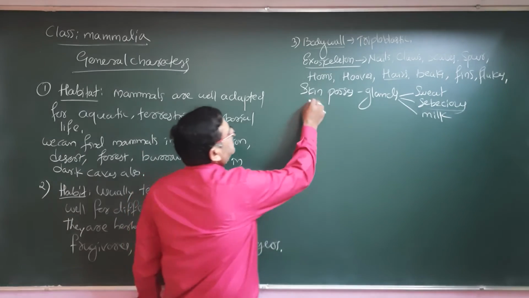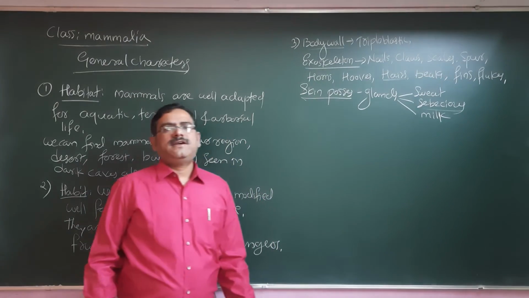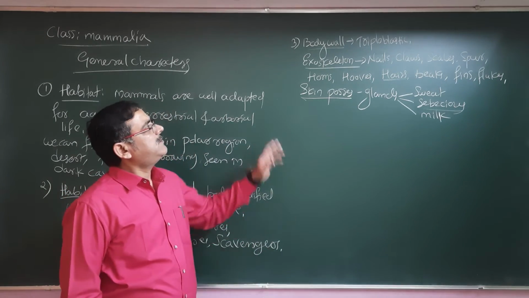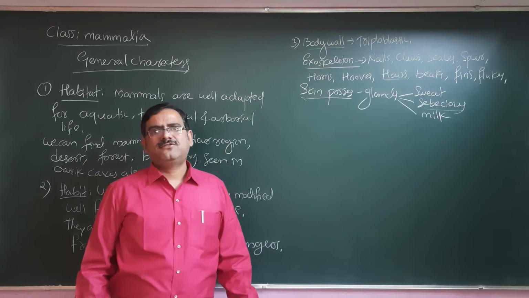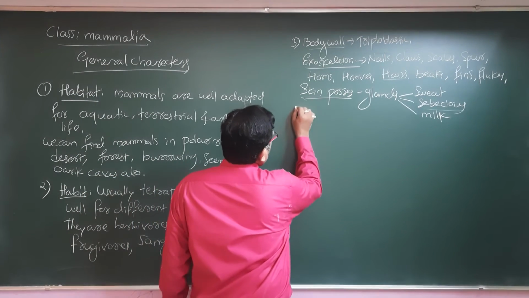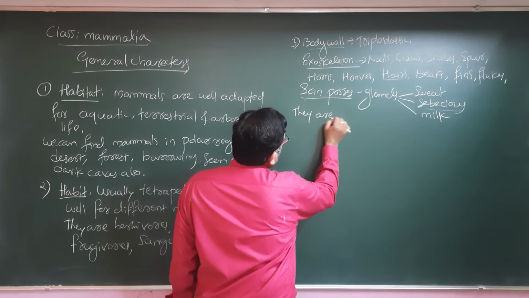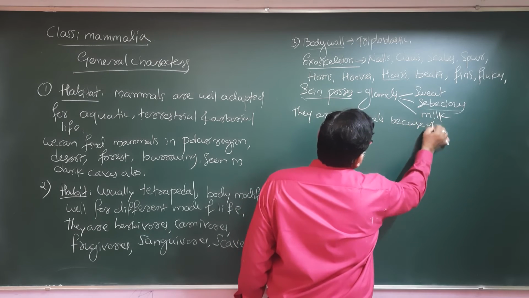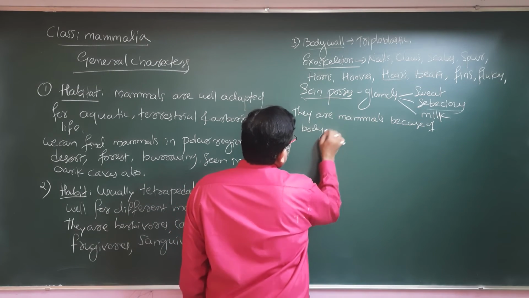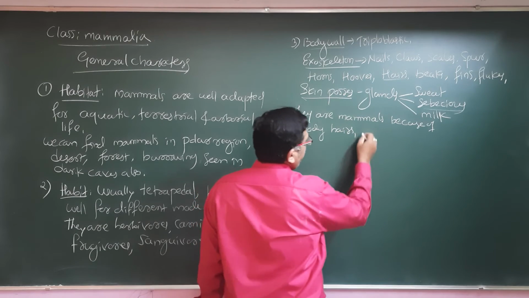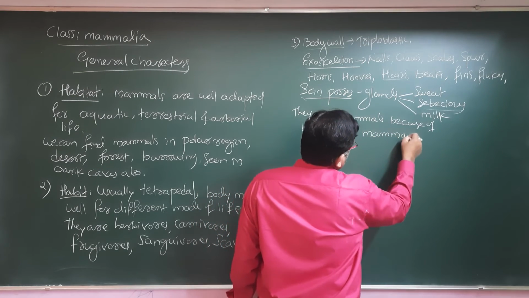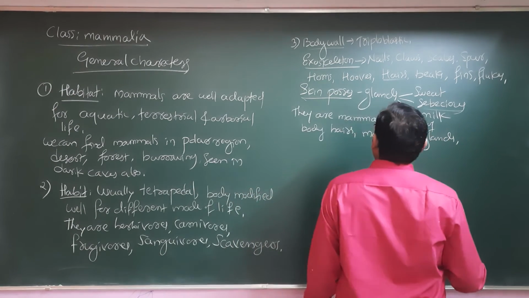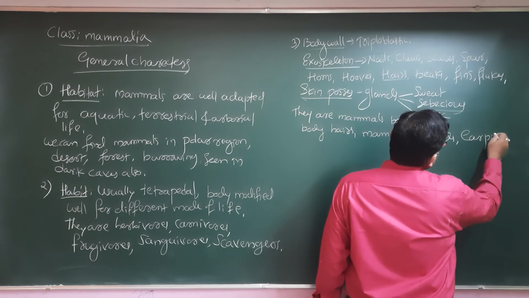And then, skin is mainly covered with hairs. One more important point, the peculiarity of these mammals: they are called mammals because of body hairs, mammary glands, and then, other than that, an ear pinna.